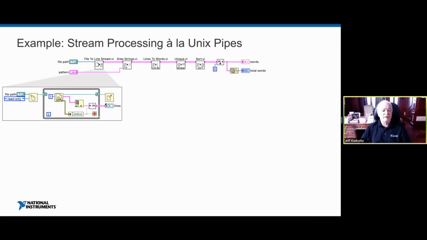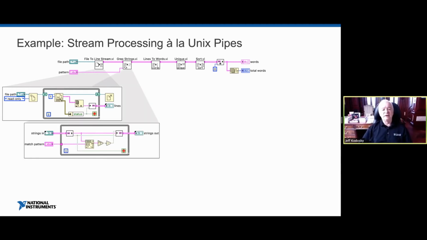The first VI opens up a file, reads it out a line at a time, and produces a stream of strings, one per line. The second one filters that stream of strings and passes through only the ones that satisfy a certain pattern. So this is like grep on the Unix command line.